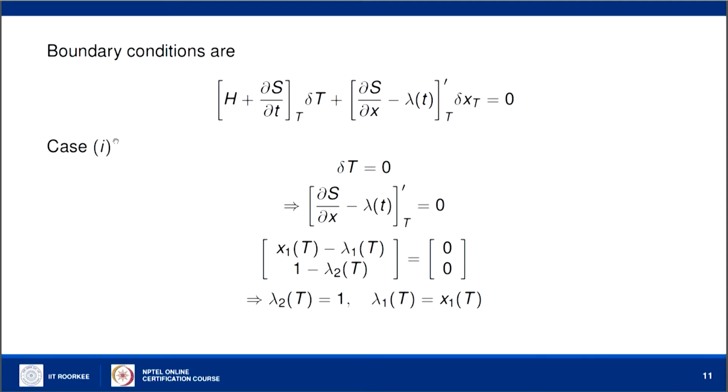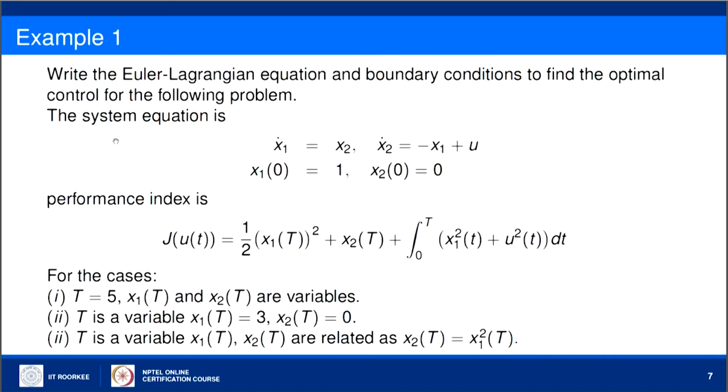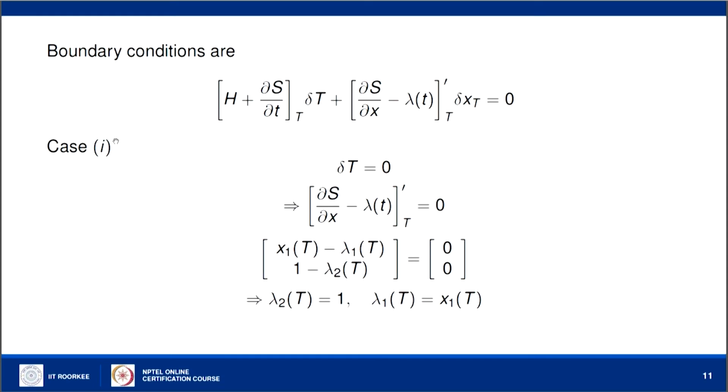So in case 1, t equal to 5. It is a fixed value, there is no variation in t. So delta t equal to 0, and x1 of T, x2 of T are variables. So the variable boundary condition is only in the second term.